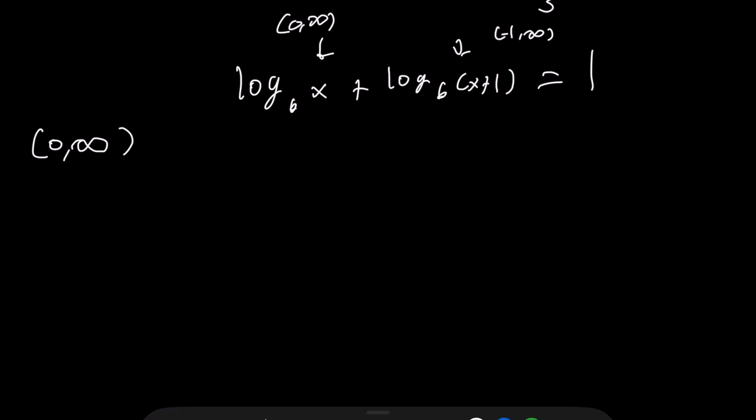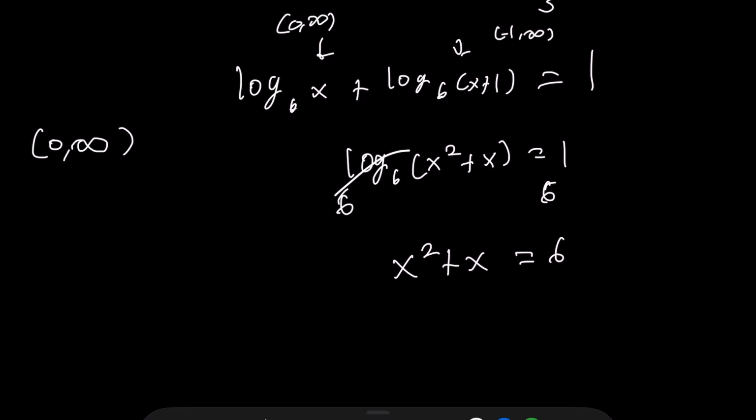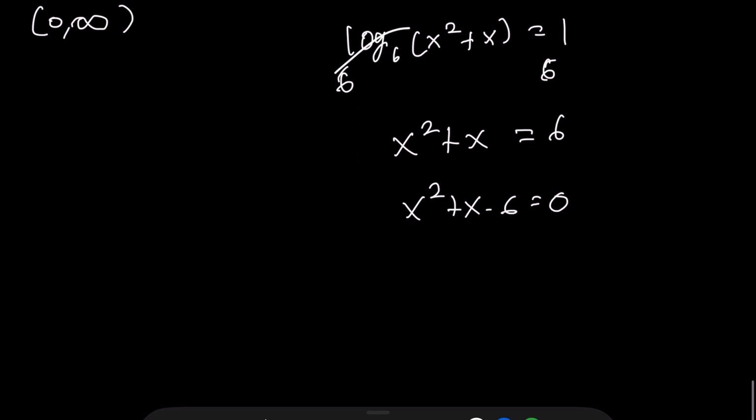So to solve this, we're going to use properties of logarithms. We're going to combine these first two together, and we're going to get this. Log 6 of x squared plus x is equal to 1. I just multiply the x on the inside. Then we can erase both sides like this, get rid of the log, and that gives us x squared plus x is equal to 6. This is now quadratic.